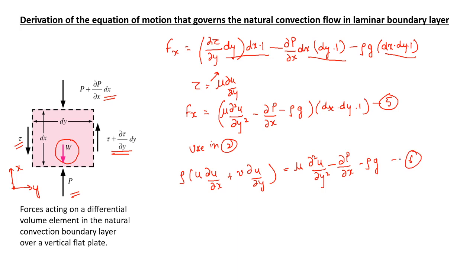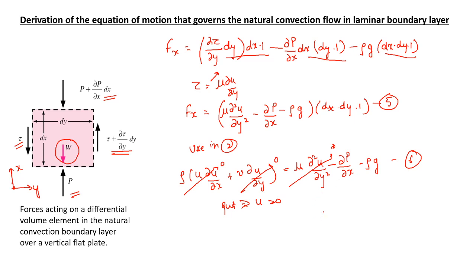Now, the x momentum equation in quiescent or static fluid outside the boundary layer is obtained by putting u equal to 0. If I put u equal to 0 in equation number 6, then these terms cancel out.